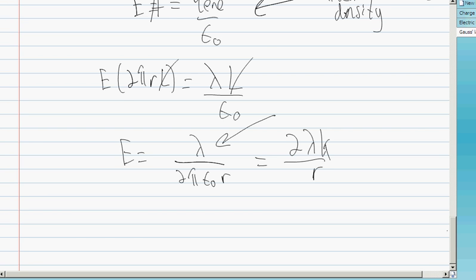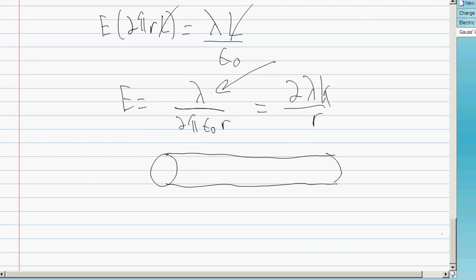Let's say we look at a hollow cylinder. So we have a cylinder that looks like this, with a surface charge density.